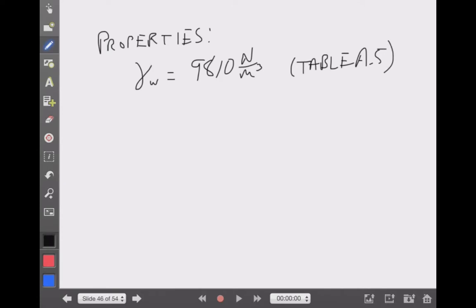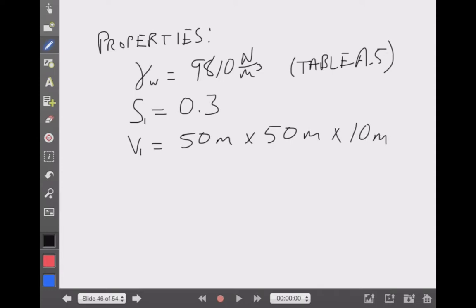We're given the specific gravity of the wood, so S of object 1 is equal to 0.3. And we're given the volume of the wood block. The volume of object 1 is 50 millimeters by 50 millimeters by 10 millimeters. We actually don't need that.